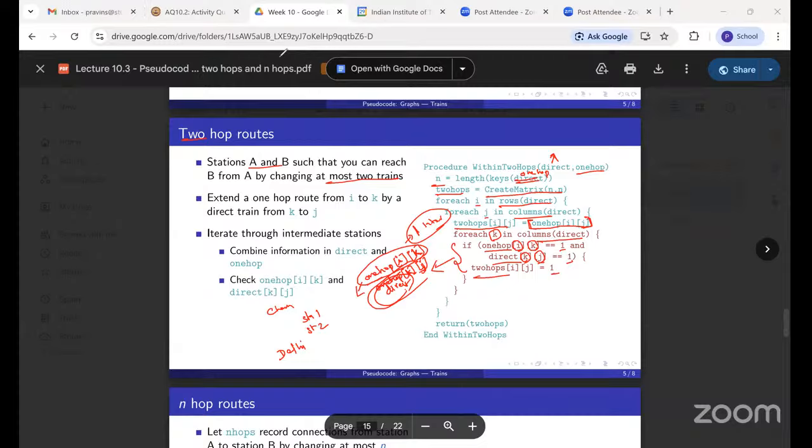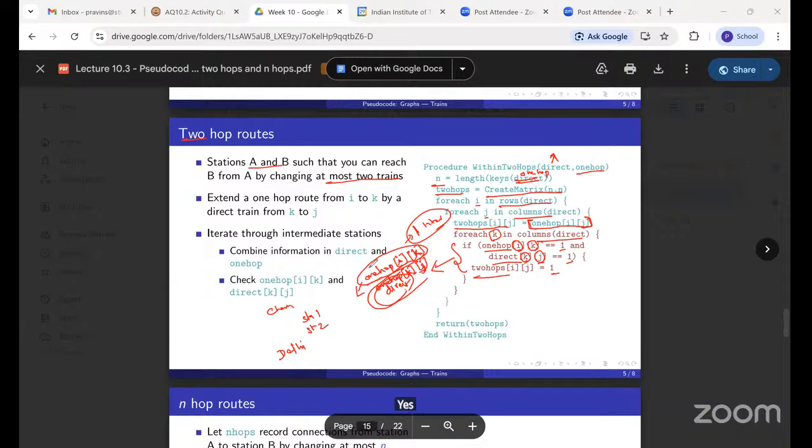I can't understand one hop and two hop. Sorry, can you repeat again? I mean, I can't understand this part. Why do we initialize two hops into one hop? Why are we initializing two hop of ij equal to one hop of ij?